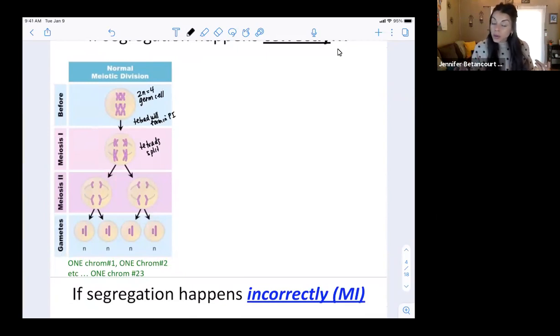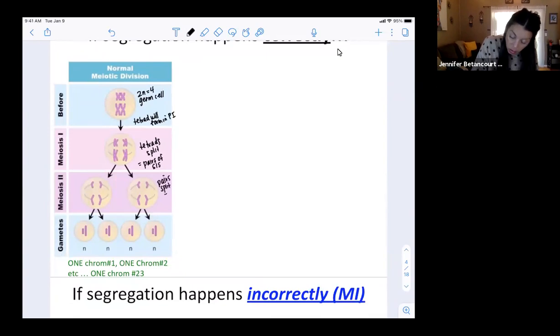And then you get to meiosis 2. In meiosis 1, tetrads split to form pairs of sisters. In meiosis 2, anaphase 2, the pairs of sisters split, creating daughter chromosomes.